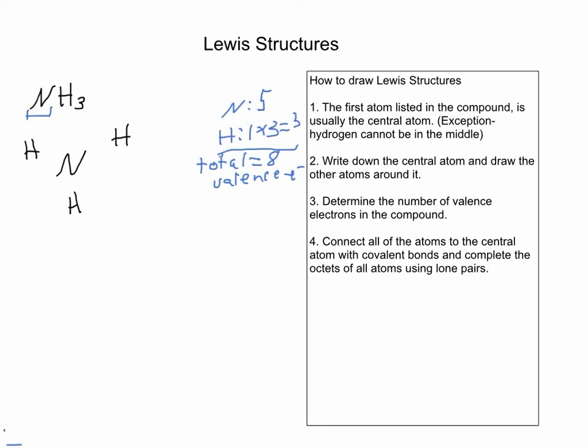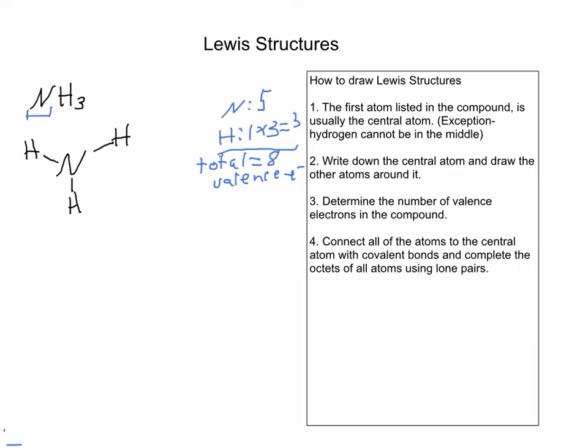So this is going to be connecting each hydrogen to the nitrogen. And we're only connecting to the central atom. We're not connecting any of the surrounding atoms together, just to the central. And then it says, complete the octets by using lone pairs.